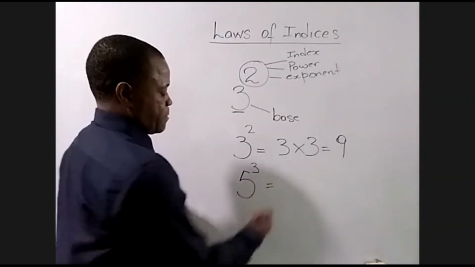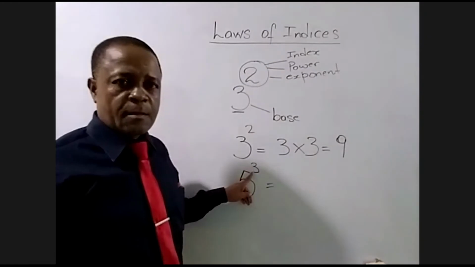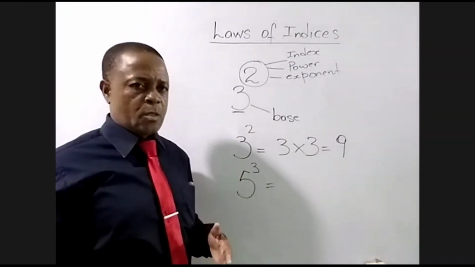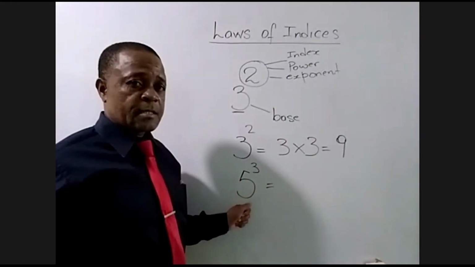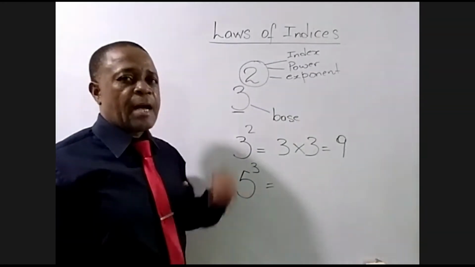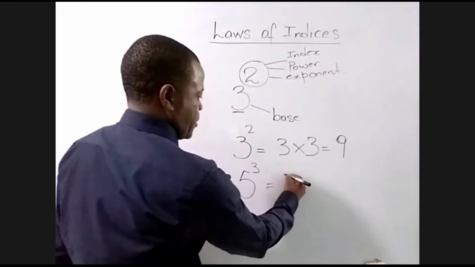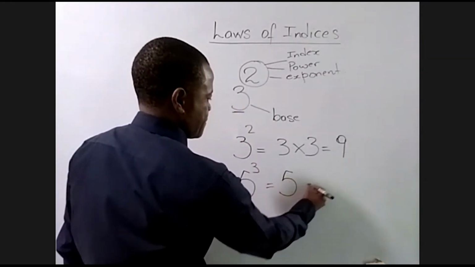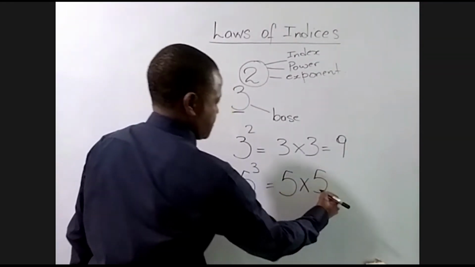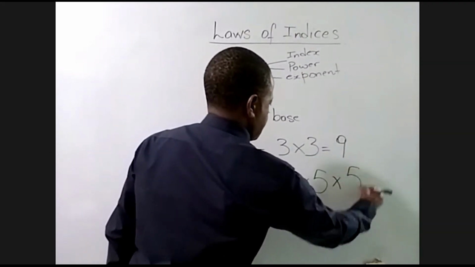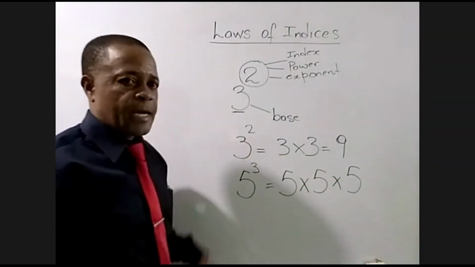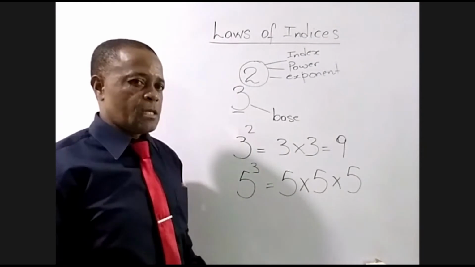Notice here that since the power is 3, it is saying to you, write down the base 3 times and multiply them. That's what it is saying to you. So here we would end up with 5 times 5 times 5. All right, so that's what it is actually saying to you.